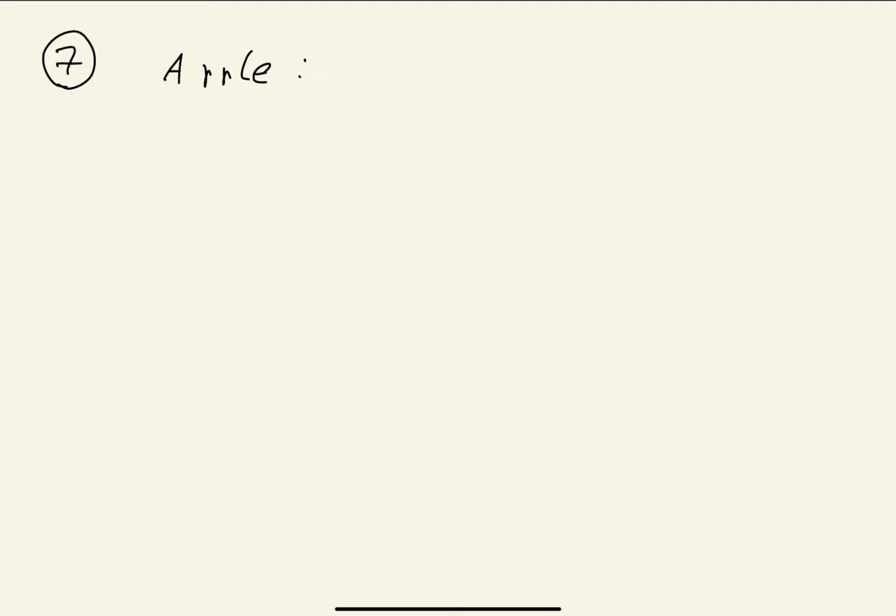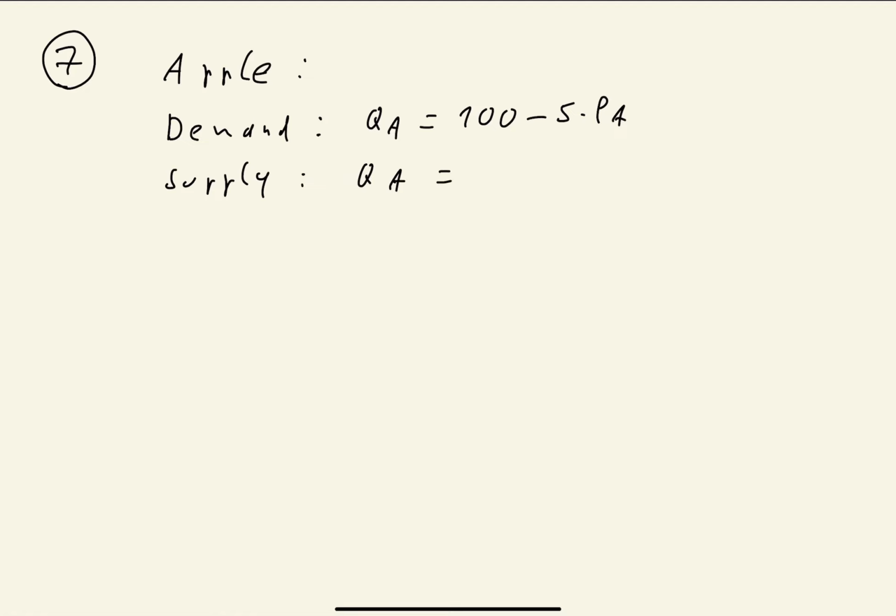So without tax, the demand for apples is given by 100 minus 5 times PA, and the supply is given by 30 plus 10 times PA.